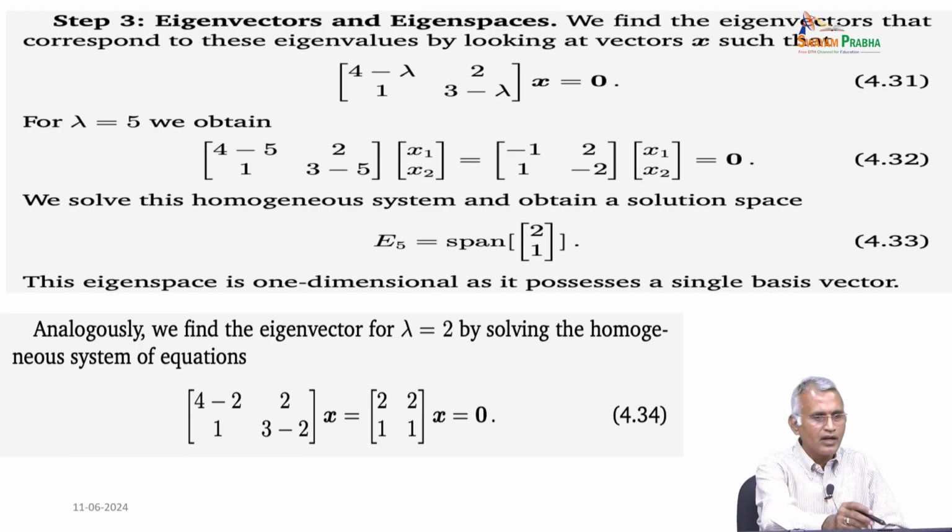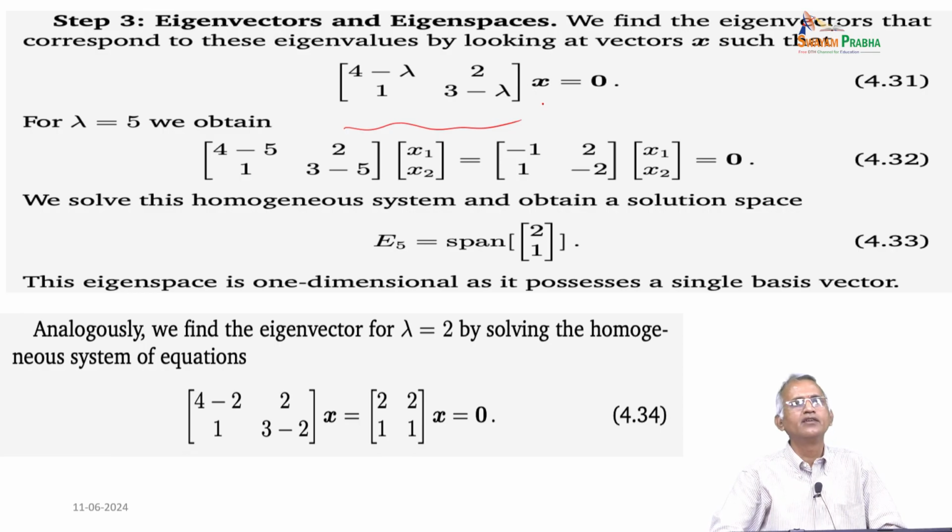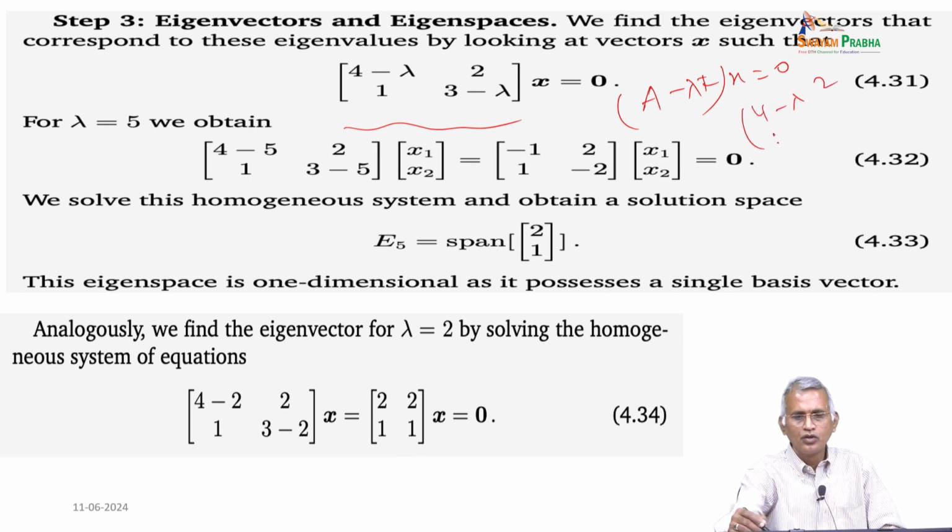So, next we have to find the eigenvectors and eigenspaces. We find the eigenvectors corresponding to the eigenvalues by solving (A minus lambda I) x equal to 0. So, A minus lambda I into x is [4 minus lambda, 2; 1, 3 minus lambda] into [x1, x2] equal to 0.